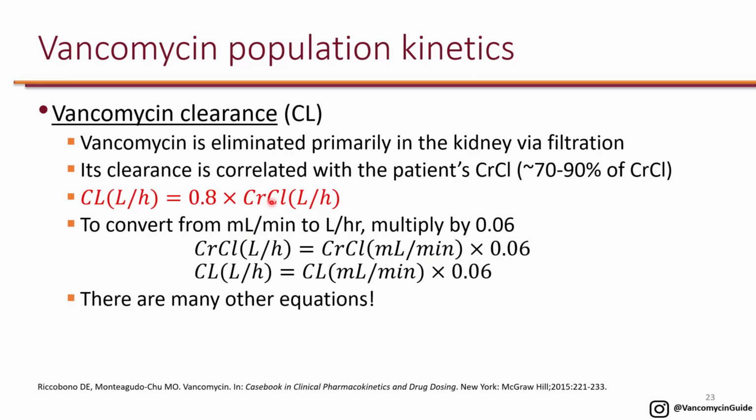To get creatinine clearance in liters per hour, you multiply the creatinine clearance that you normally calculate from Cockcroft-Gault by 0.06, that gives you liters per hour, and then you multiply that by 0.8 to get vancomycin clearance.